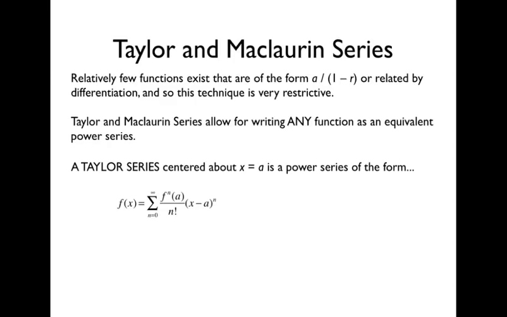And so this is the form of it. What is this? This is the nth derivative taken at a of the function that you're representing. This is x minus a to the n over n factorial. So f^(n)(a) is the nth derivative evaluated at a.